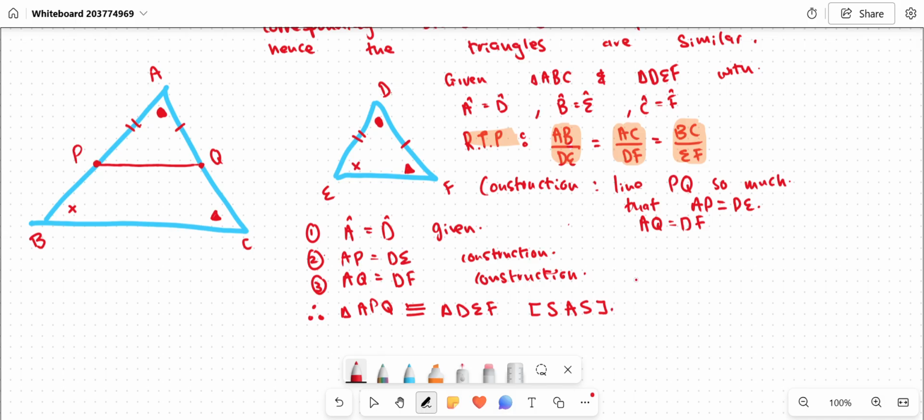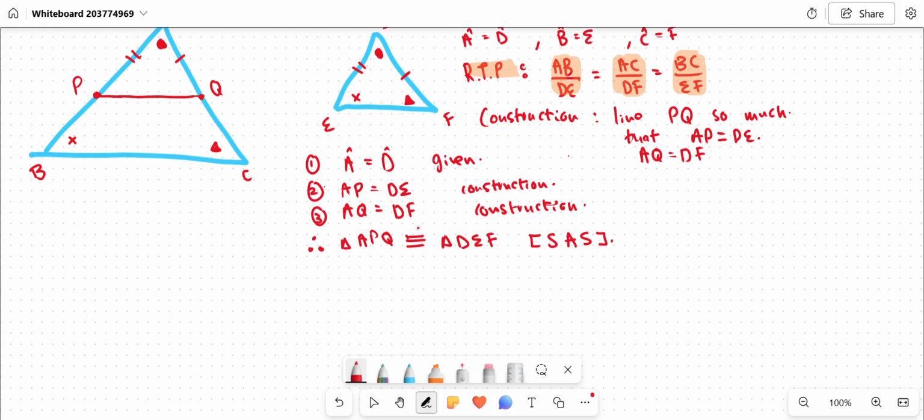So now that I've proven that these two triangles are congruent, it therefore follows that angle P, this angle right there, is in fact the same as angle E from the picture. Because if they're the exact same triangle, the angles should be the same. And so if I can put a cross there, that means those angles are the same.